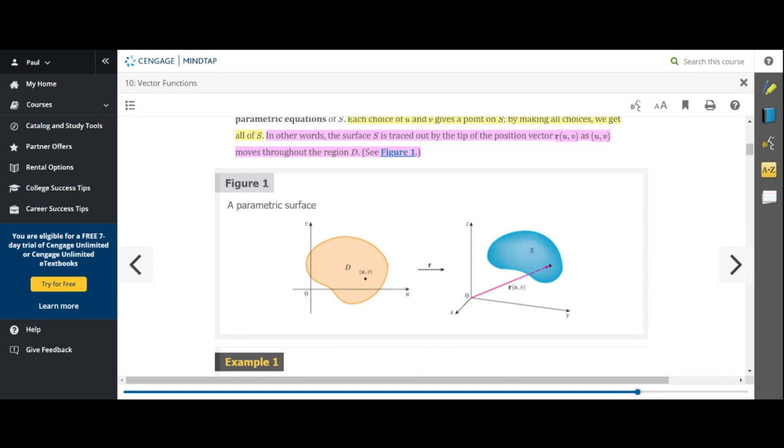All the points collectively in space form the parametric surface S on the right. Okay, are there any questions? Are there any questions on that? We'll look at some examples.